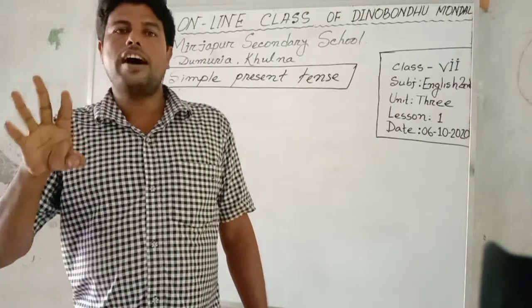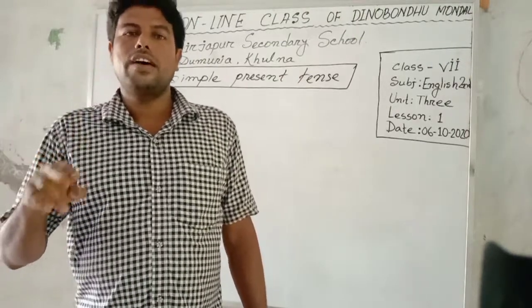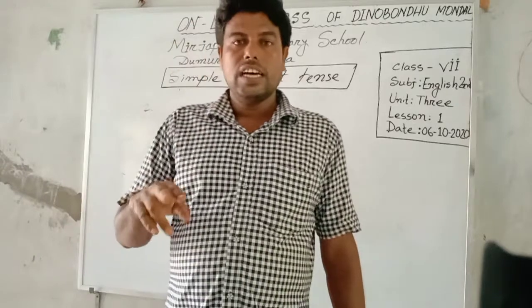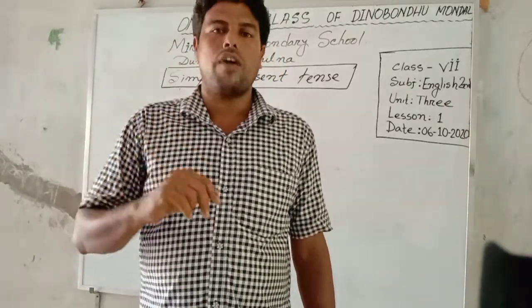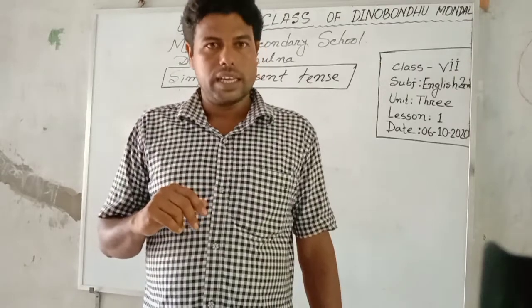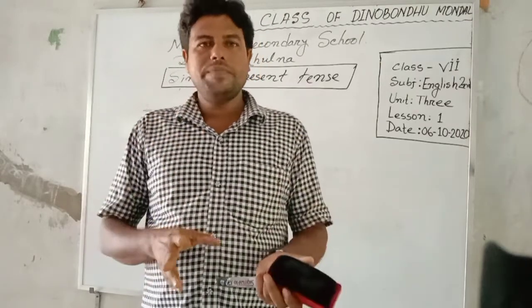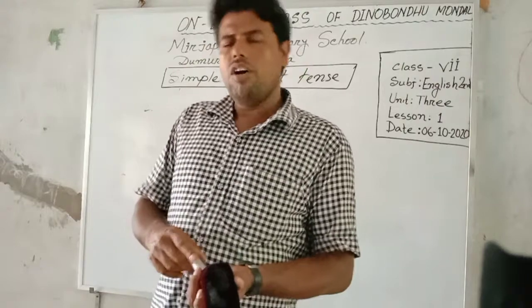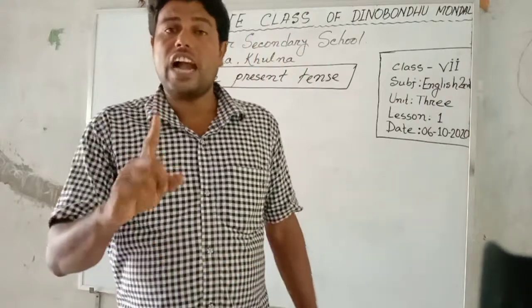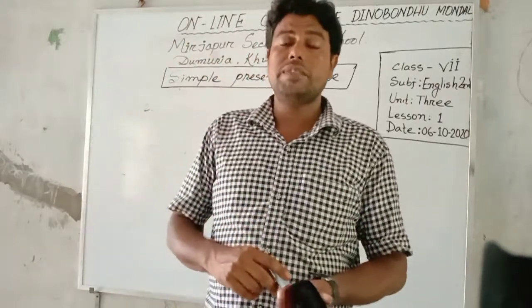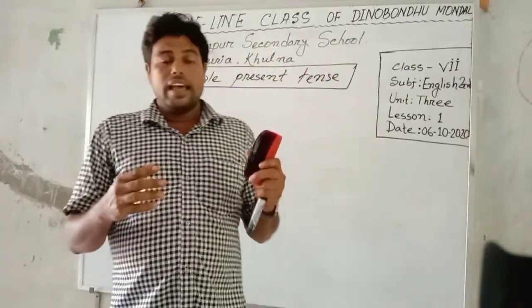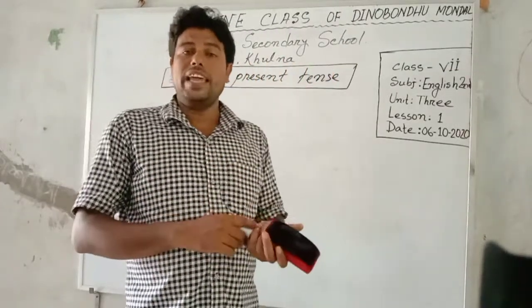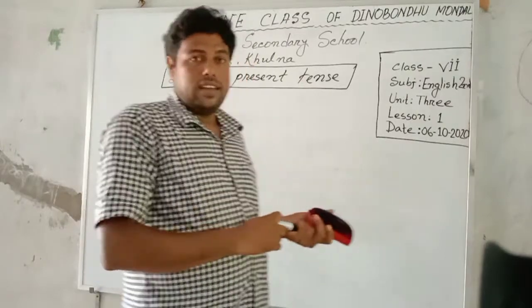Have goes with first person, second person and all plural subjects, and has is used only for the third person singular number. That means when the subject is third person singular, then has will be used.